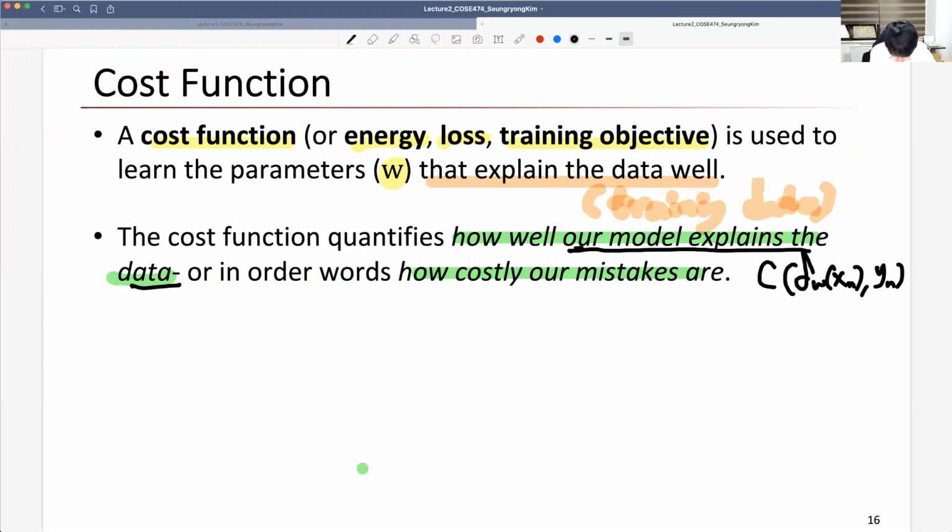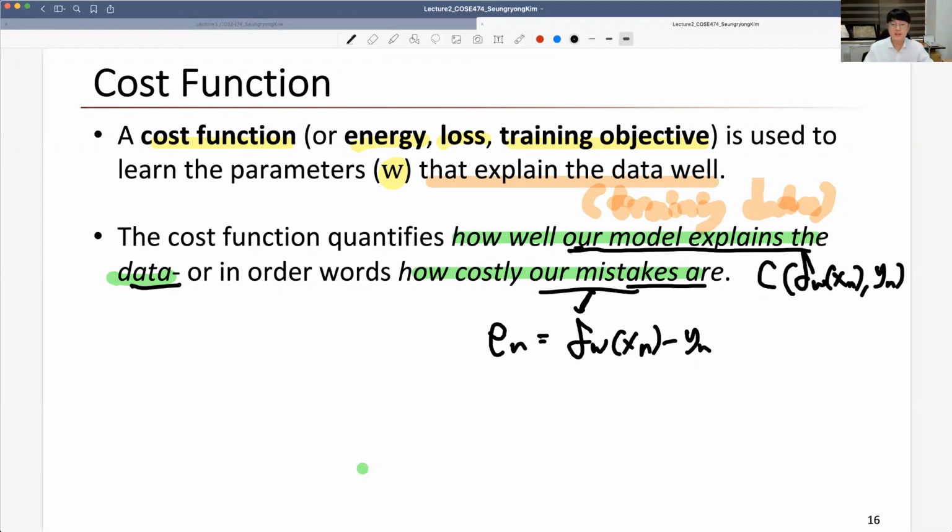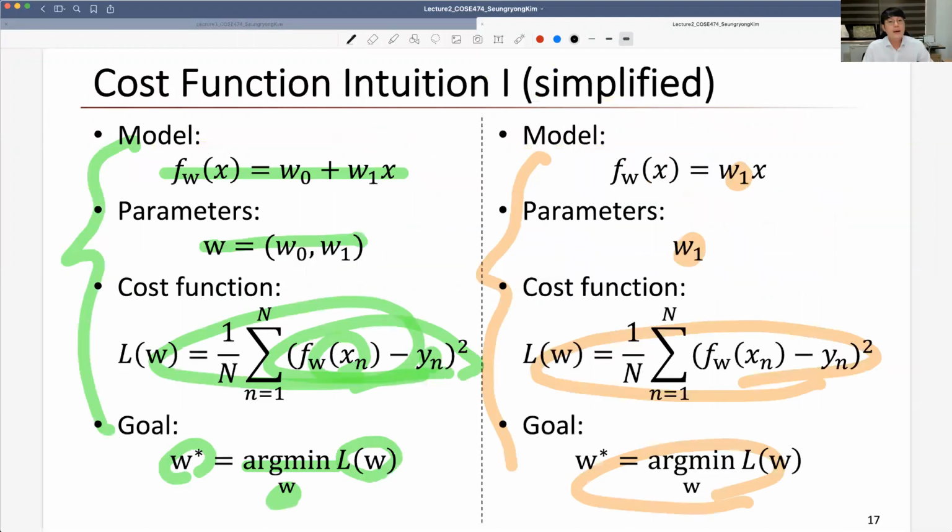And how costly our mistake is means our mistake is defined as the difference between the estimated output and the ground truth output. Let's say this is the error. So the cost function represents something like that.